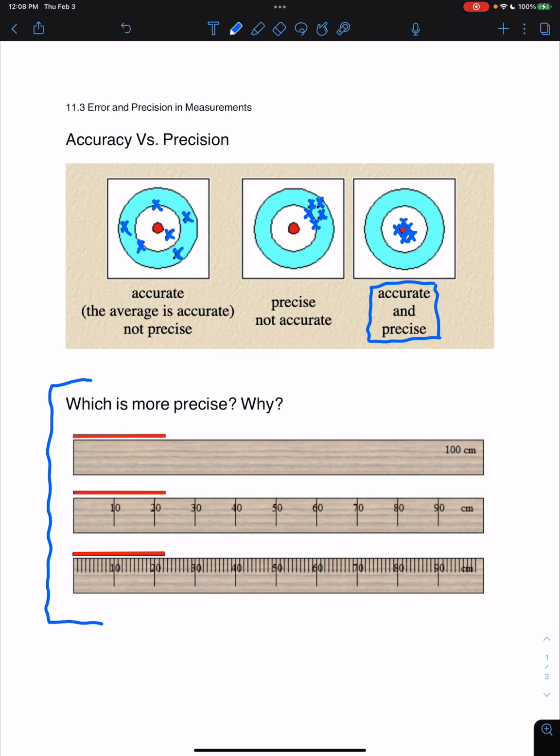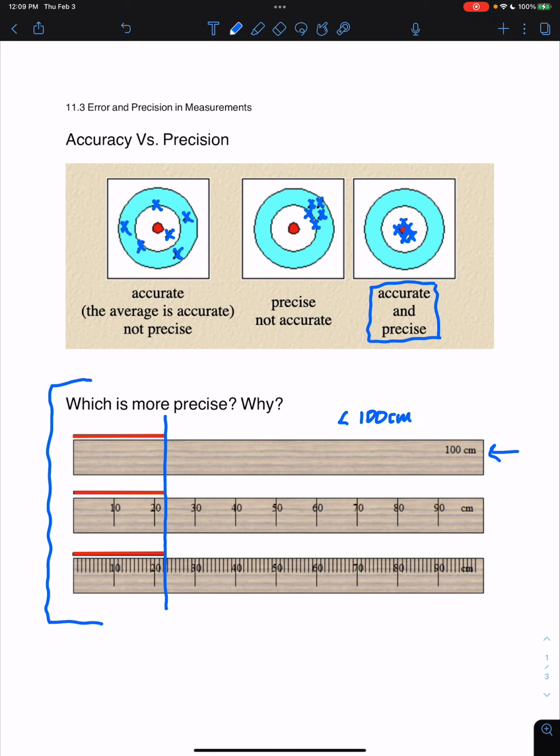Here we have the same distance each time that we're measuring, but we want to know which one is more precise. If I measured using this first ruler, all I could say is that this distance is somehow less than 100 centimeters.